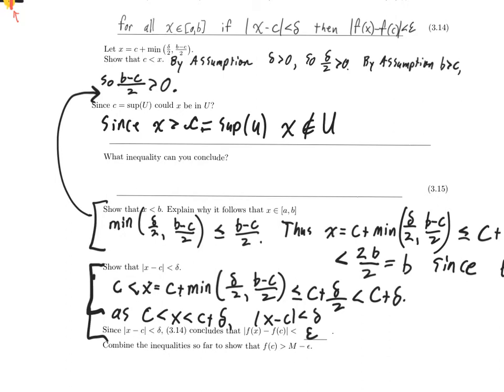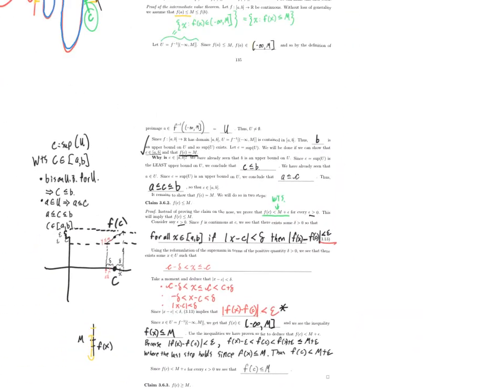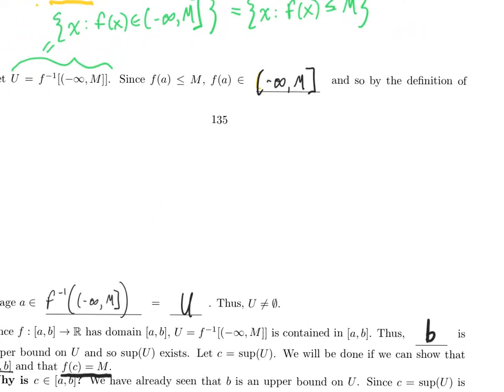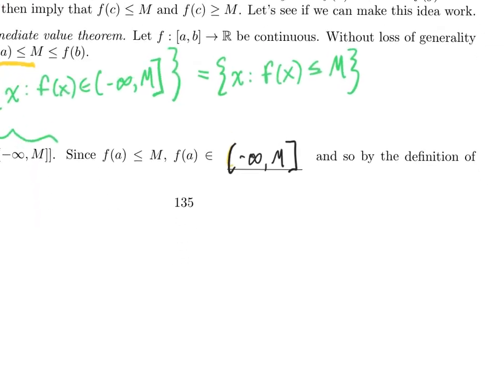Well, here I'm going to use this fact quite a bit. So let's see, since x is in (a,b), the fact that x is not in U implies, well, remember the definition of U. Let's even scroll up to remind ourselves the definition of U. U is the set of all x's with f of x less than or equal to m.